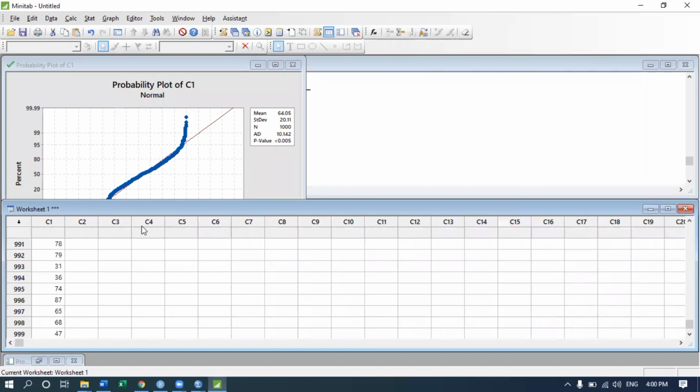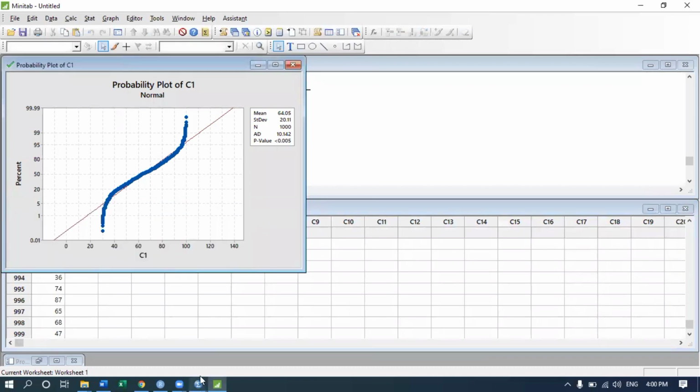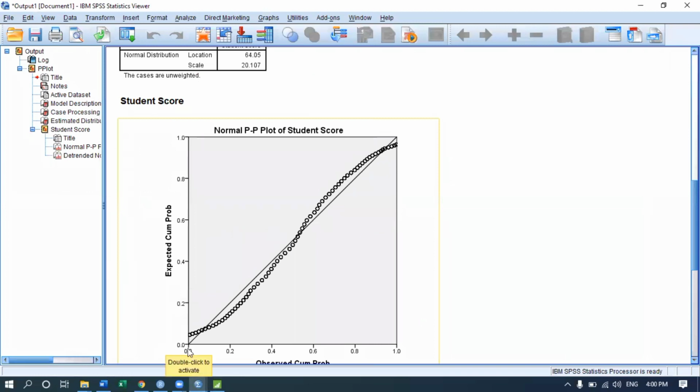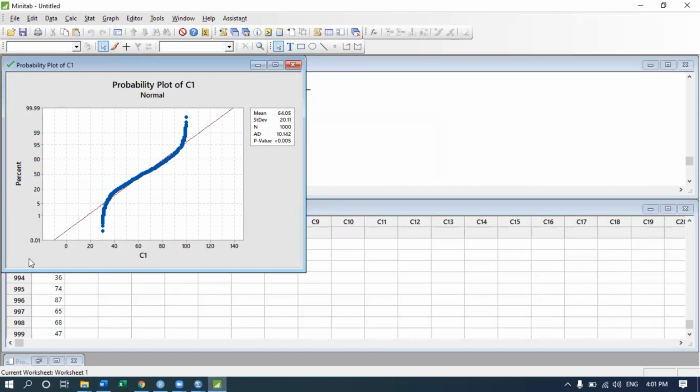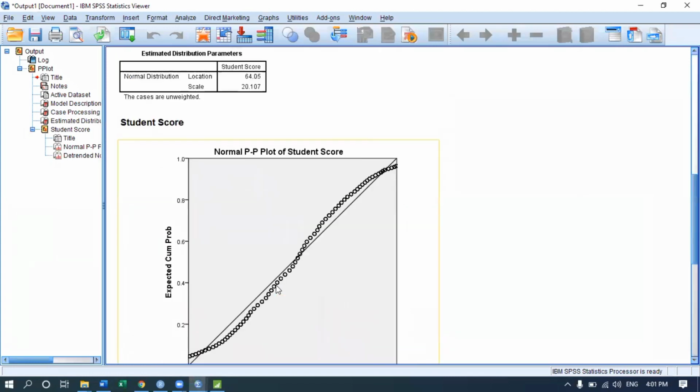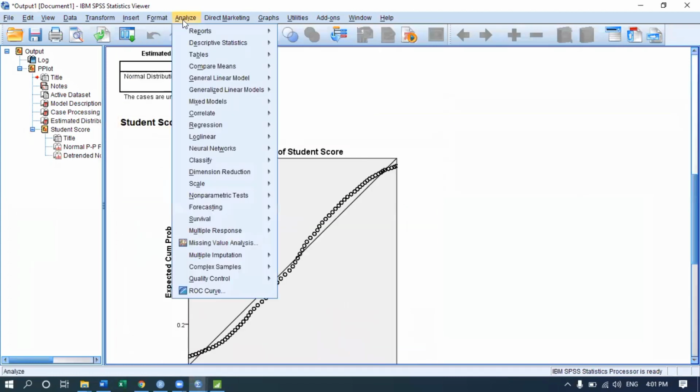Okay, so let me see the graph again. One is 0 to 1, the other is 0 to 40. One of them is standardized. Let me see. Analyze, P-P plot.